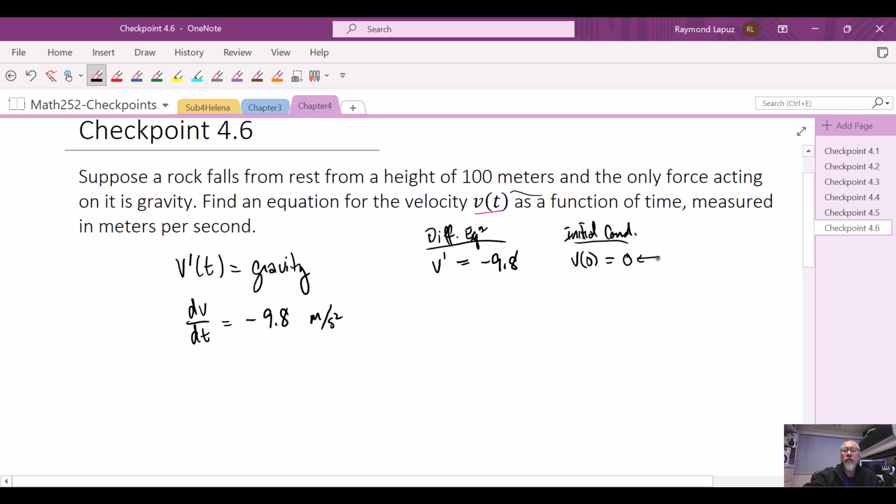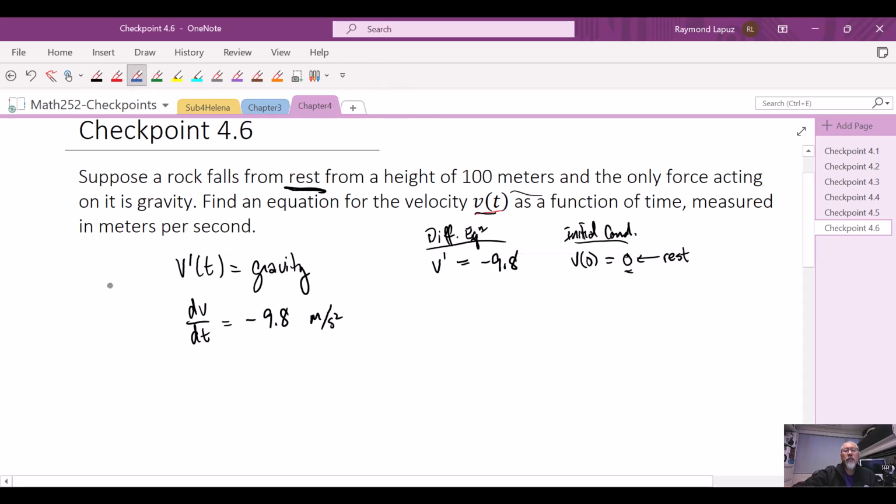So there is no speed or no velocity because this is falling from rest. So 100 meters is a position, but that's not the velocity. We need some information about the velocity since we're looking for the velocity function. So we're actually not going to care about 100 meters. We are going to care about the fact that the velocity is 0 as your initial condition. Okay, so that is the problem.